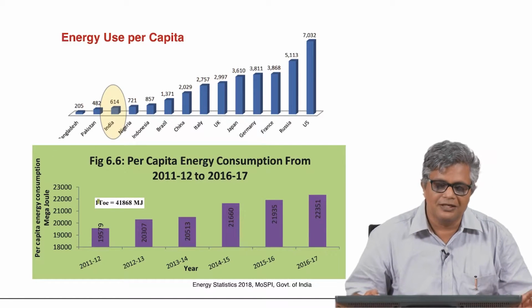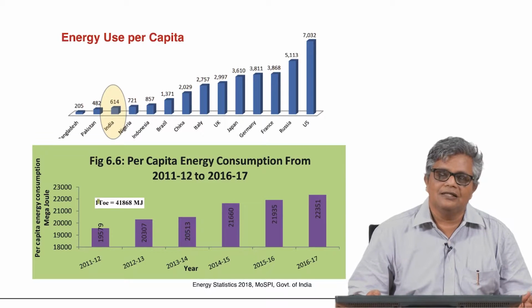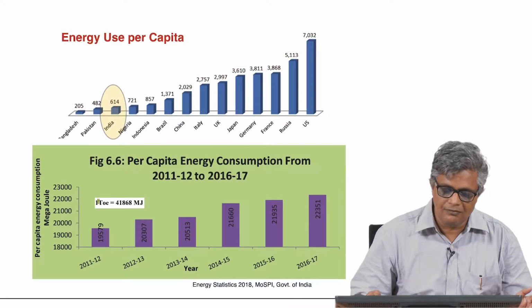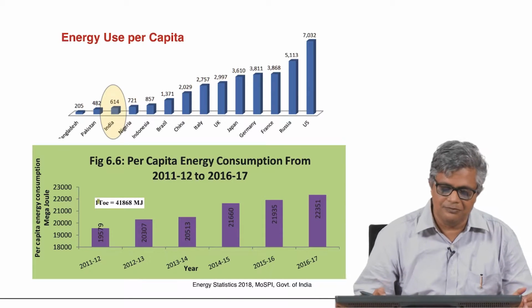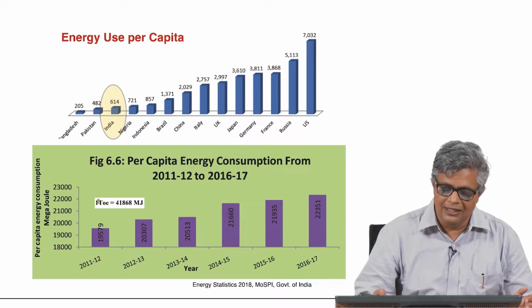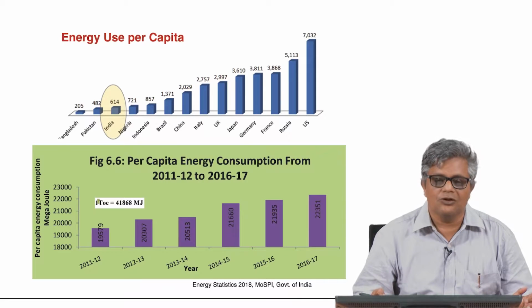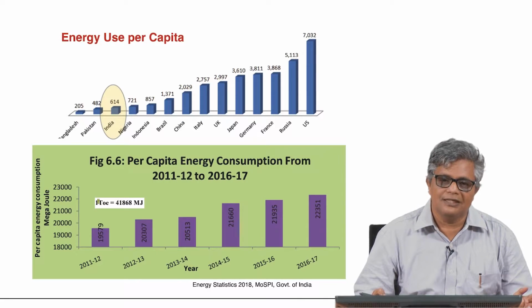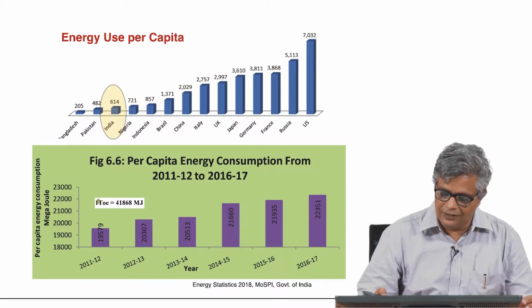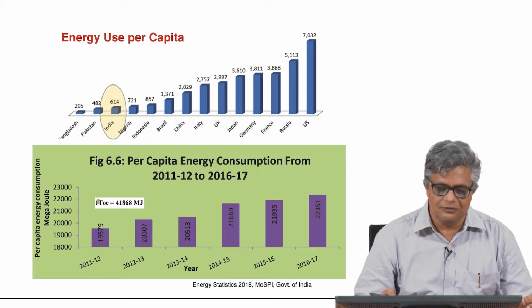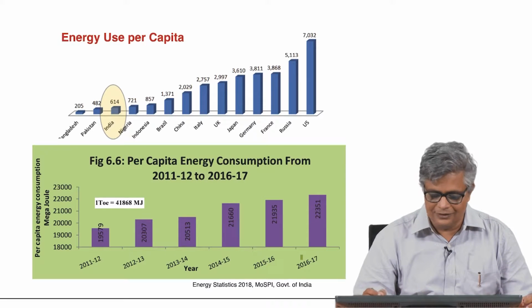Let us take a quick look at where we are currently with respect to India and energy usage. We have seen right in the very first lecture, our energy use per capita is about 1/3 of the world average, and we have quite a long way to go in terms of energy usage, and that is reflected in the per capita energy consumption over the last 5-6 years.